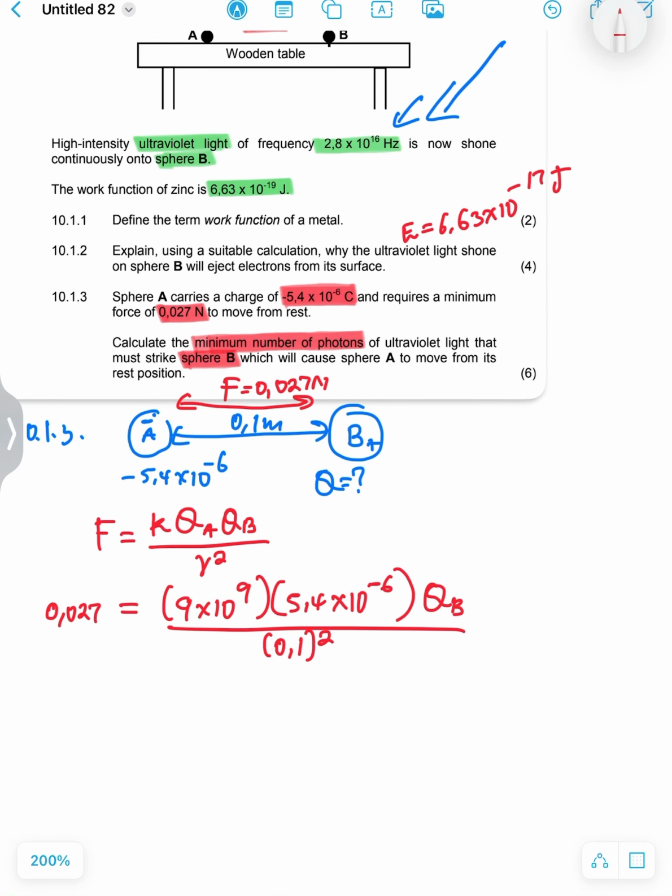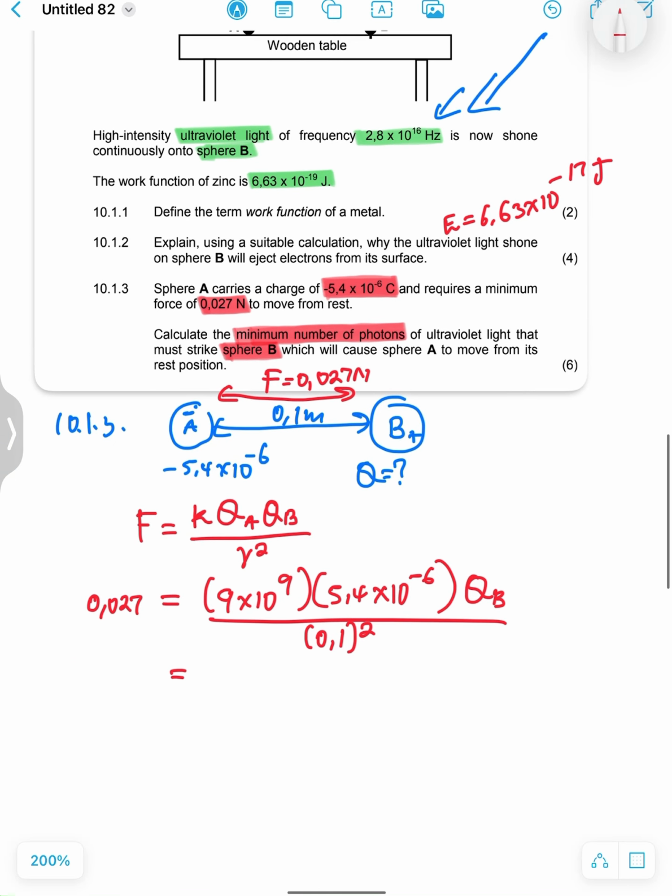If you are looking for the charge here, the charge of B is going to be 0.027 multiplied by 0.1 squared, and then divide everything by 9 multiplied by 10 to the power of 9 and 5.4 times 10 to the power of 6.